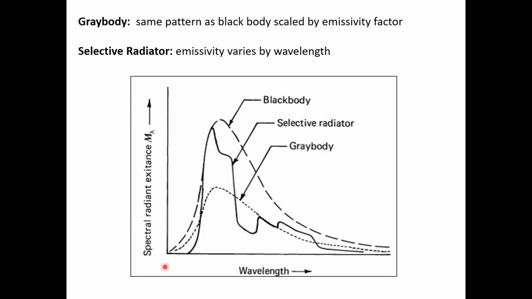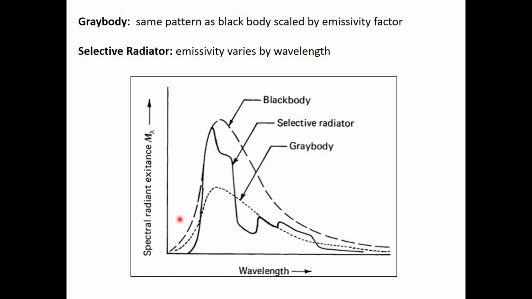Let me show you what I mean. Here's wavelength, here's radiance. We just saw that a black body curve looks something like this dashed line. A gray body at the same temperature would emit something along this lower dashed line. It has the same shape, but it's scaled down by a factor.